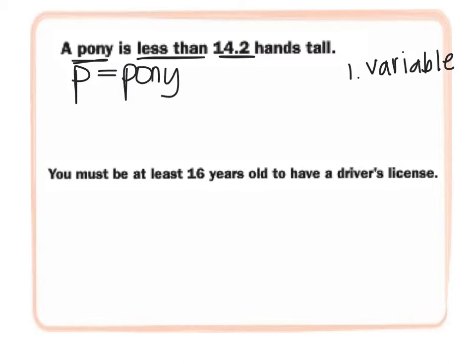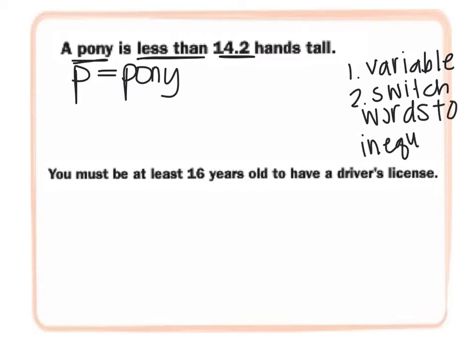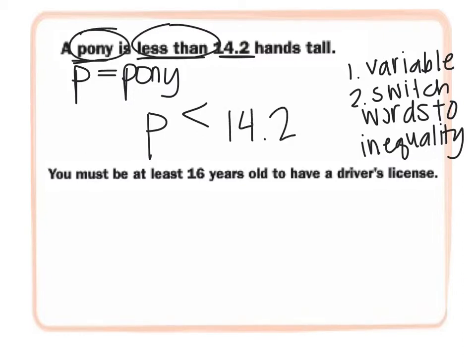Then after that I need to switch words to an inequality. So I have p is less than 14.2. And that's all I need to do. I wrote an inequality. That was one of our goals.